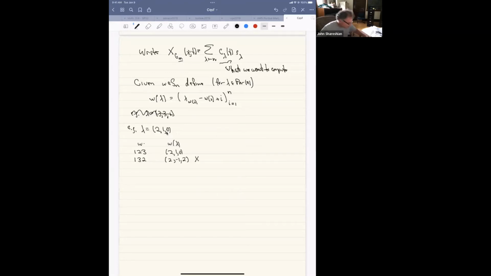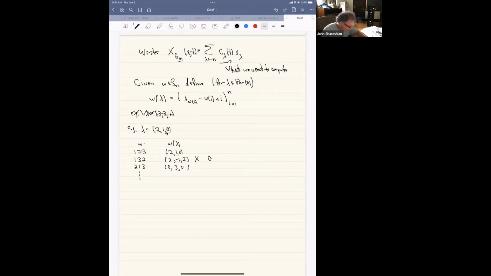That's not a composition. 2, 1, 3, right, what's going to happen there? Well, we're going to get lambda 2 minus 2 plus 1, right? Then we're going to get 3, 0, and so on, like this. Okay.